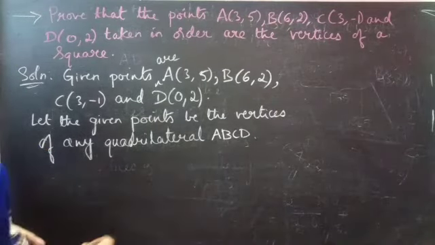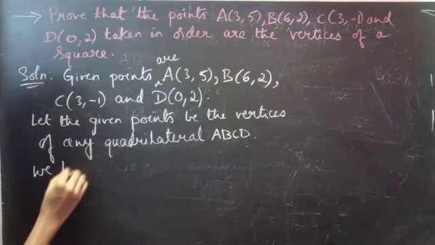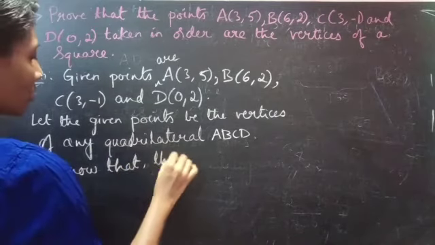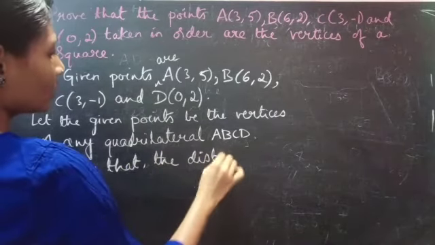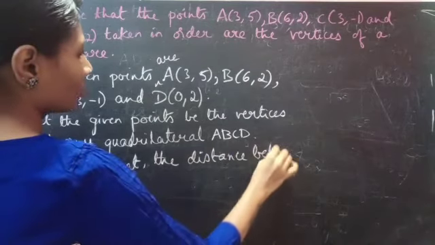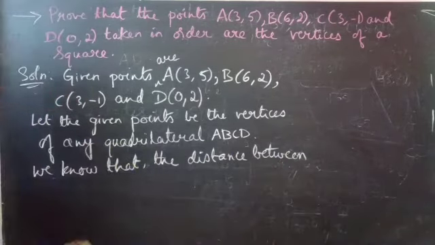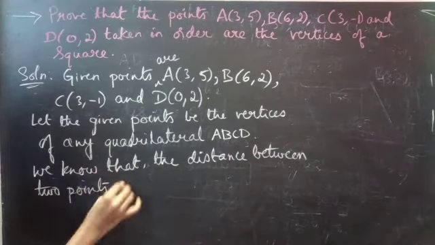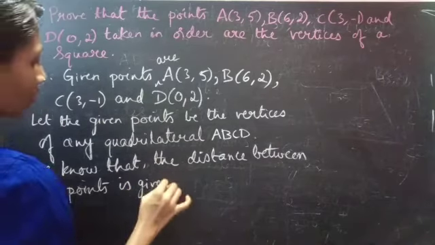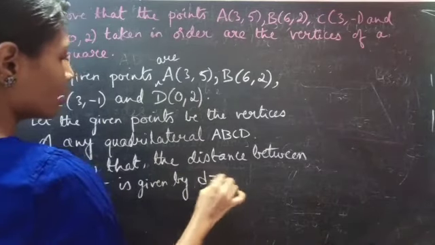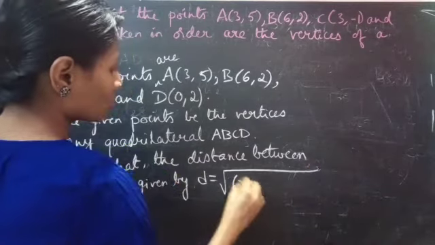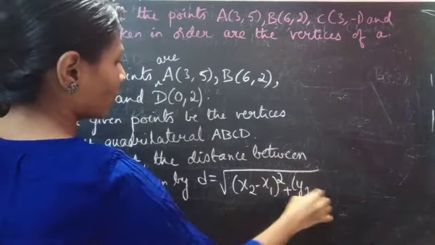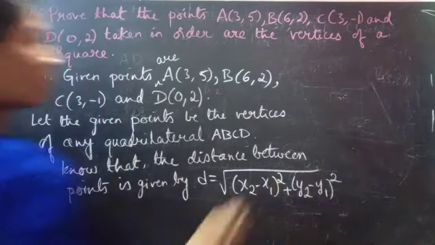So we know that the distance between two points is given by D equals square root of (x2 minus x1) whole square plus (y2 minus y1) whole square.